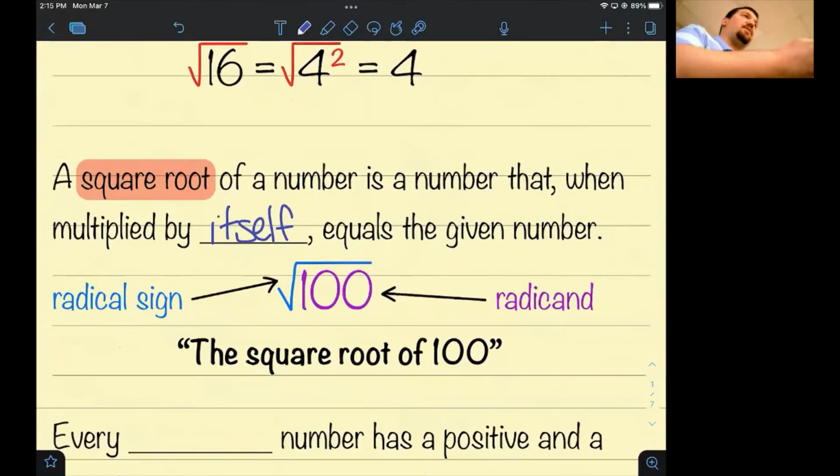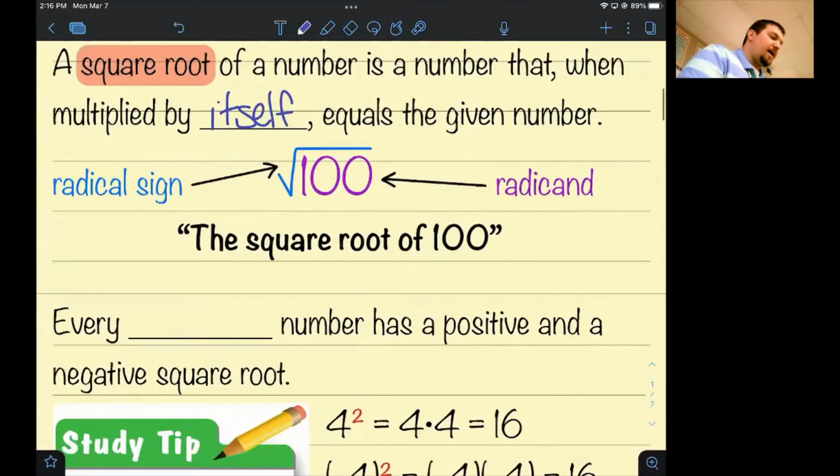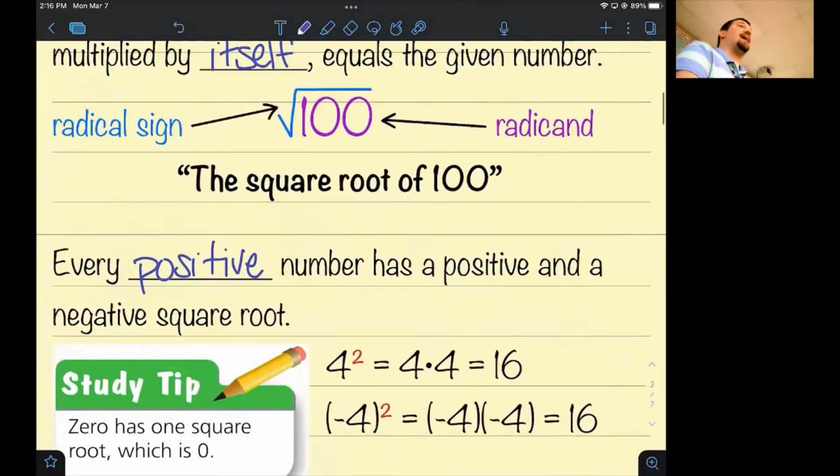The way I would read this is the square root of 100. And what is the square root of 100? Lizzie? It's 10. Yeah, 10 times 10. Every positive number has a positive and a negative square root.